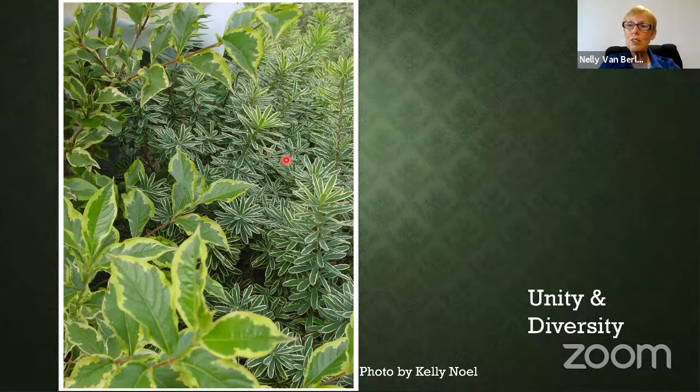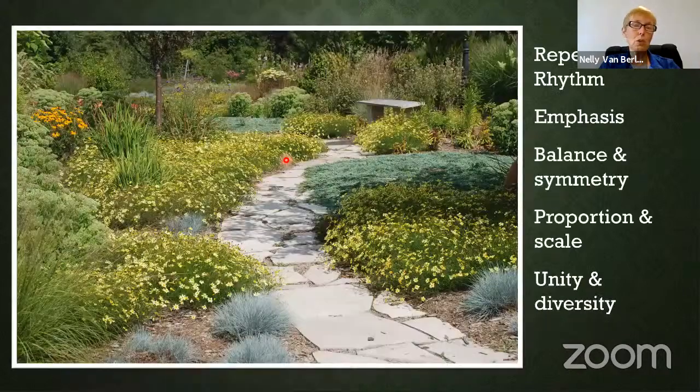And this one, to me, kind of summarizes it all, puts it all together. You can see there's definitely repetition and rhythm, use of the coreopsis throughout, just kind of unifies it, draws your eye through, but there's also repetition of the blue fescue grass in the foreground, the juniper carpets here.